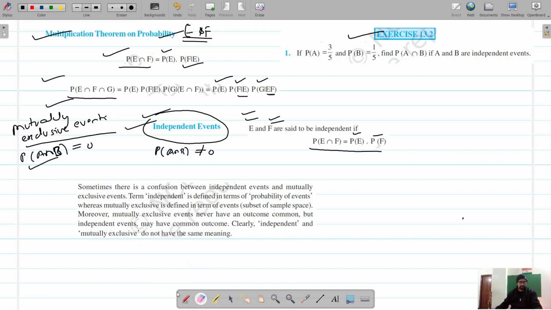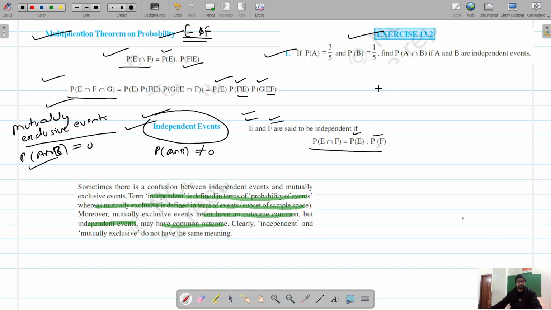So it should be very clear that independence is defined in terms of probability of events, whereas mutually exclusive is defined in terms of events or the subsets of the sample space. Because in mutually exclusive events, we will never get a common outcome. But independent events may have a common outcome. So independent and mutually exclusive are not the same. They do not have the same meaning.